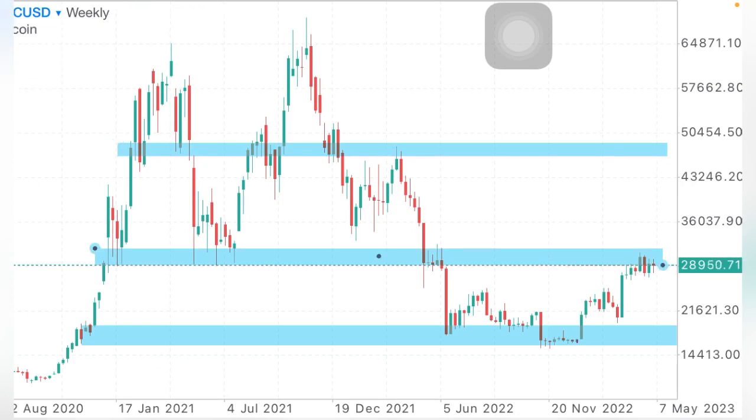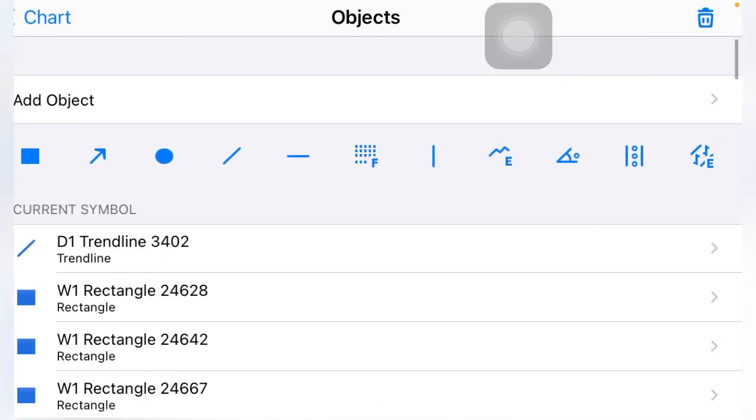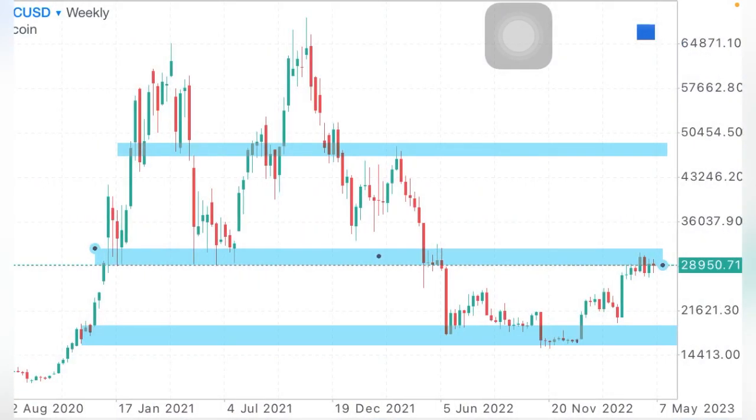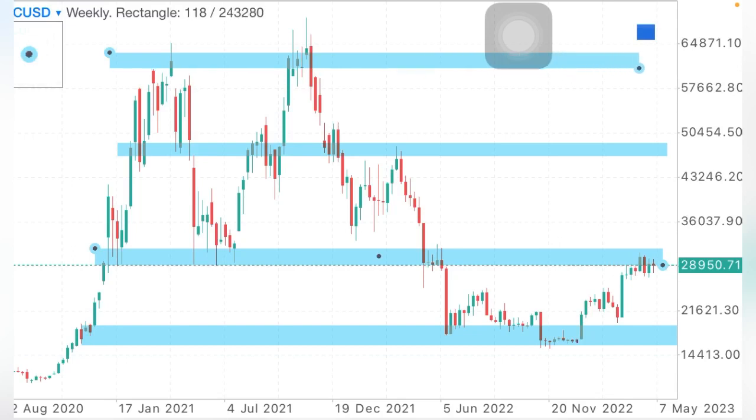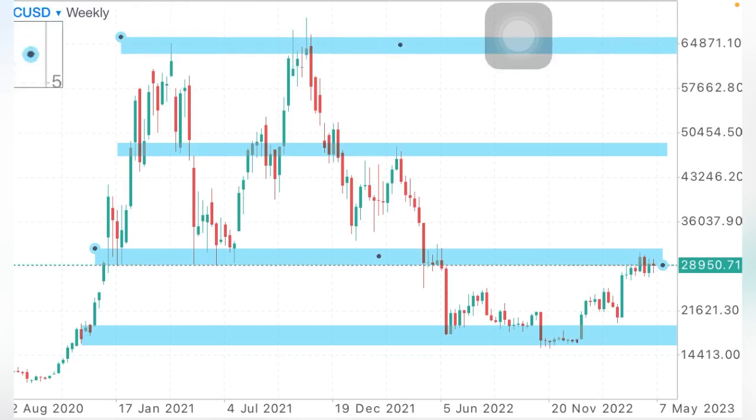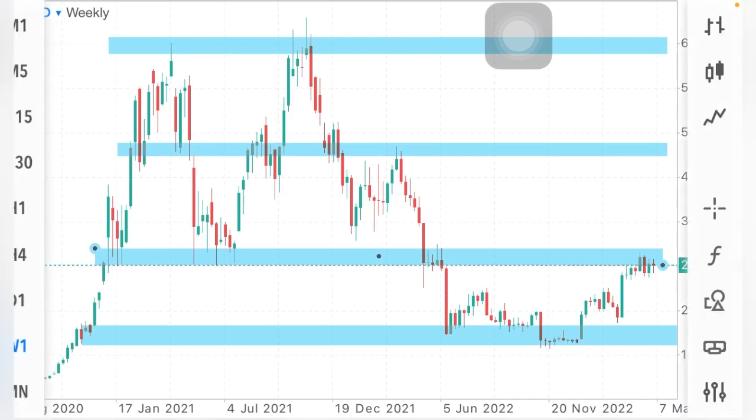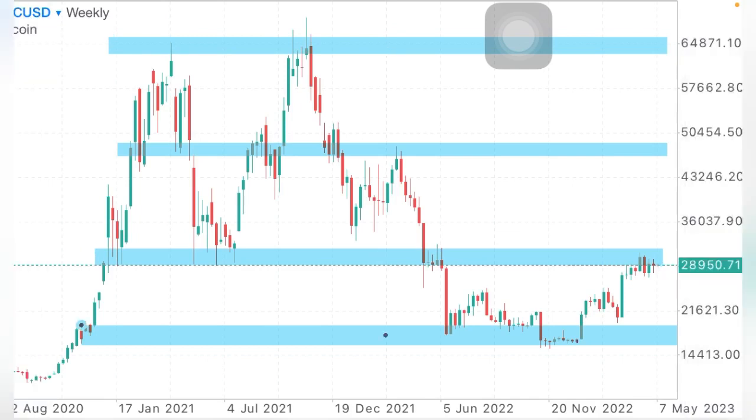All right, so I'll take another box and I'll map out the last zone that I'm seeing here, which is this. As you can see on this chart, I am on my weekly chart and I'm mapping out my zones. So I have mapped out my zones.